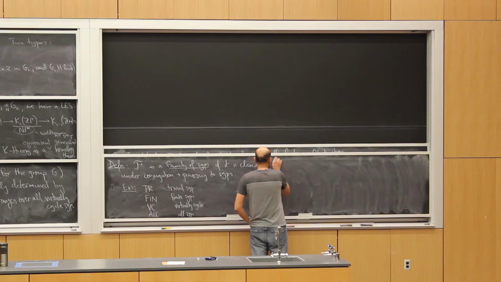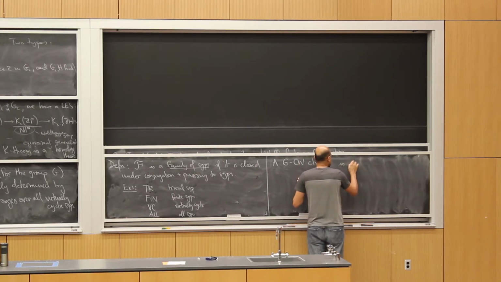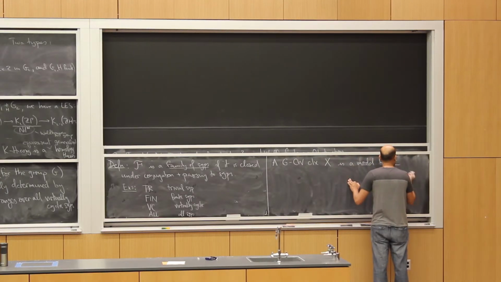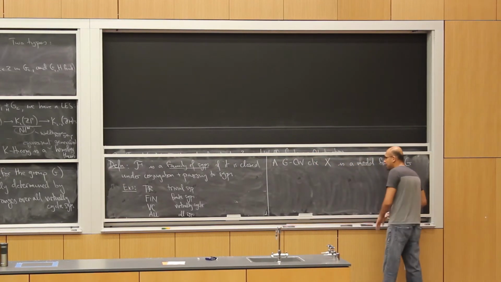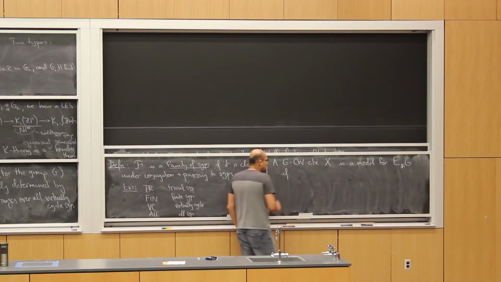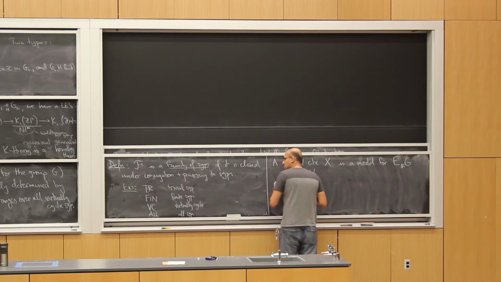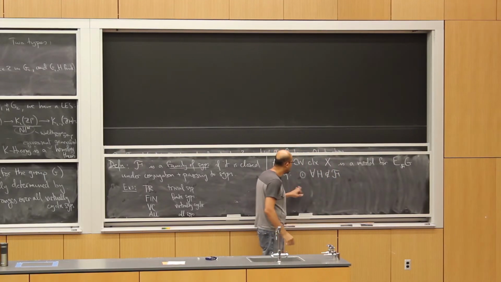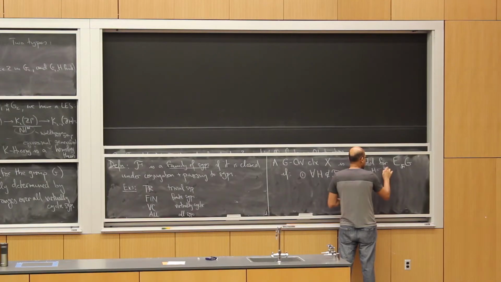So a G-space, a G-complex X, is a model for E_F G, where I've got a family F, if it has the following properties: if I take any subgroup H that's not in the family, then the H fixed set is empty.